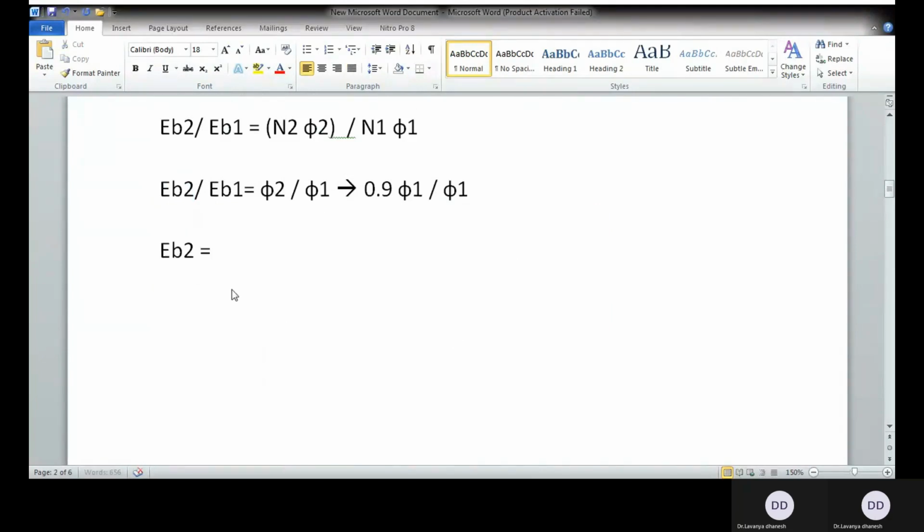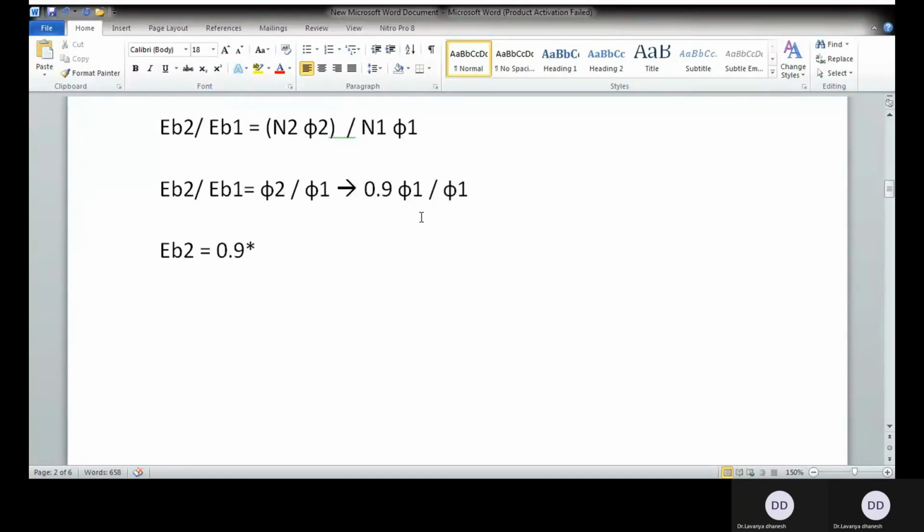So EB2 is equal to 0.9, this phi 1 gets cancelled.